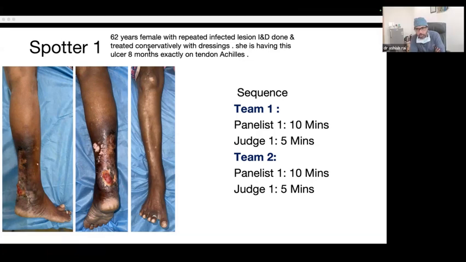You have to tell 4 points, 2 in history and 2 in examination, to favor your diagnosis. Since you are now thinking about this to be a venous ulcer, at least 4 points, 2 history, 2 examination to support your diagnosis.